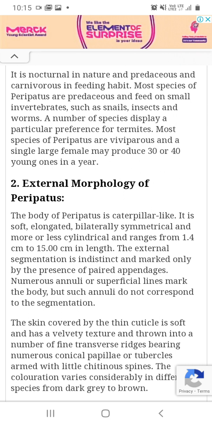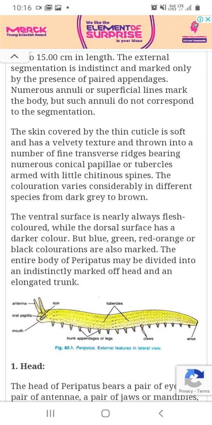Numerous annuli, that is, superficial line marks on the body, are evident, but such annuli do not correspond to segmentation. The skin is covered by a thin cuticle. It is soft and has a velvety texture. The velvety texture is a unique characteristic feature of Peripatus.